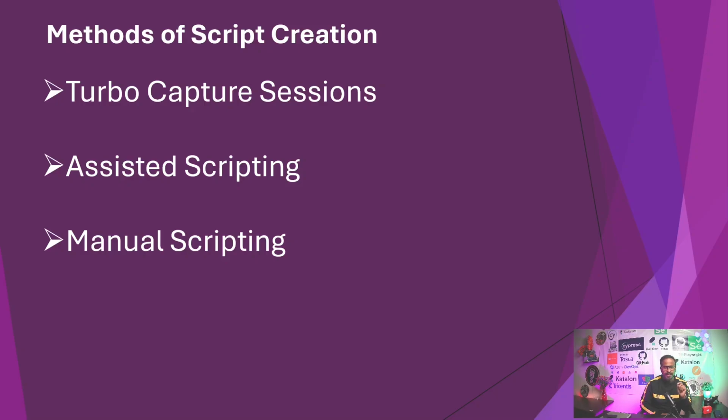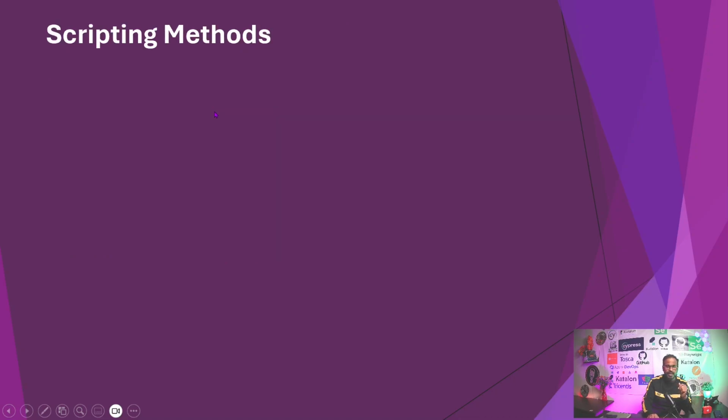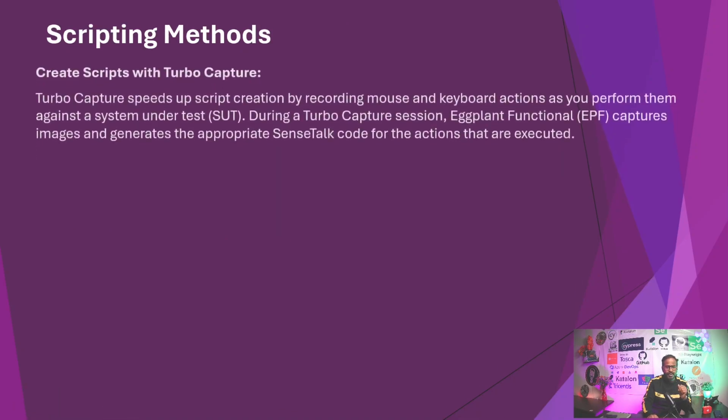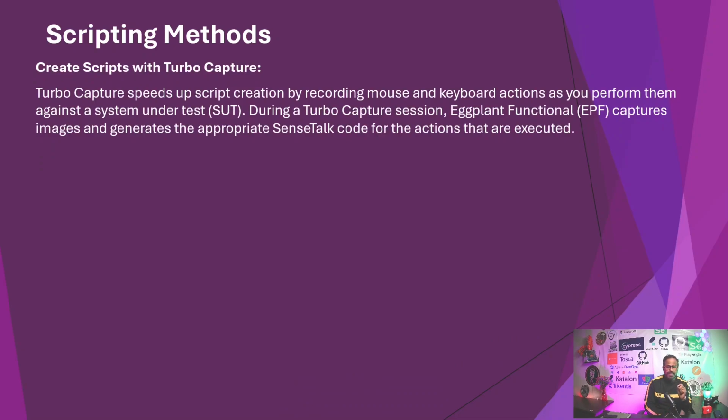In this particular session, we are going to concentrate on only one method, which is turbo capture, and we are going to see how we can perform basic scripting by using the first method called turbo capture. Let me explain at a high level what these are. Create scripts with turbo capture. You can just assume it's a kind of record and playback option, but it has more features within it.